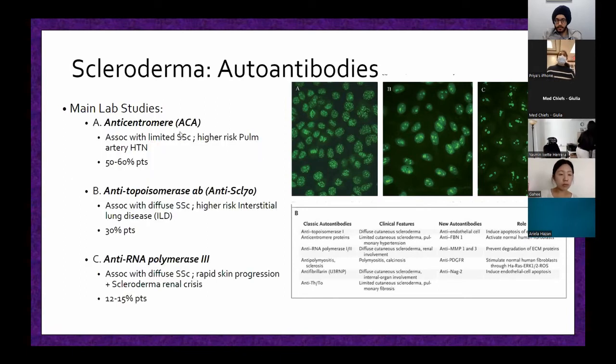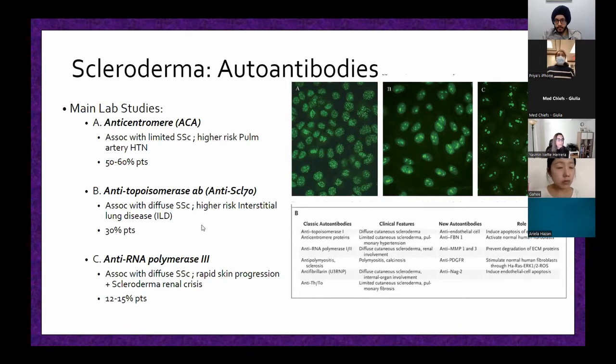So in terms of the three most common antibodies which show up on the boards, the Centromere antibody is one of them, is associated with limited scleroderma, and has a higher risk for pulmonary hypertension, as seen in 50 to 60% of patients. Then the topoisomerase antibody, also known as the SCL70 antibody, is more commonly associated with diffuse scleroderma, and that is reported with a higher risk of ILD.